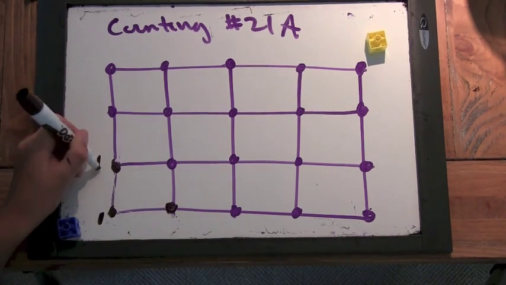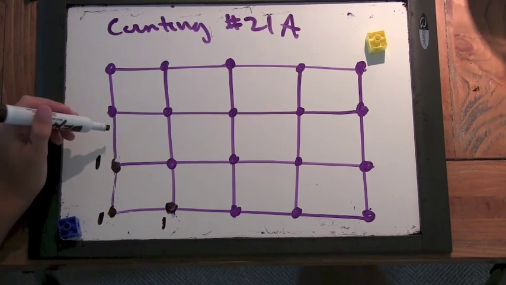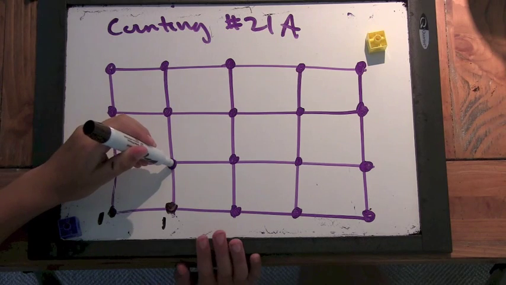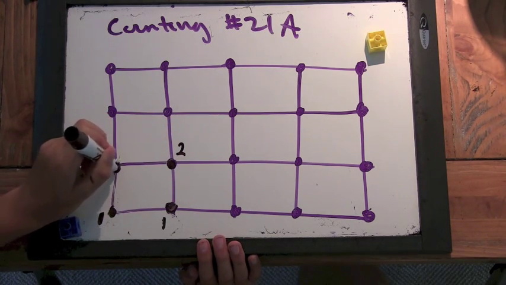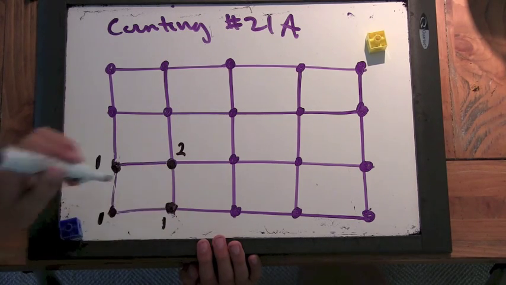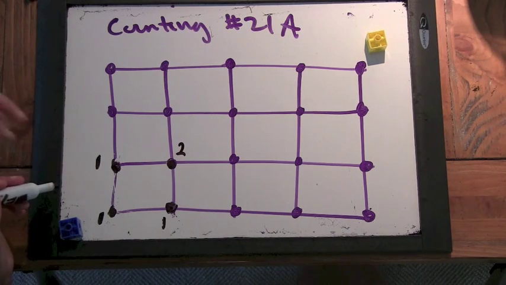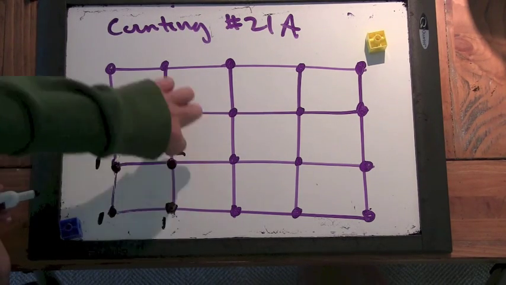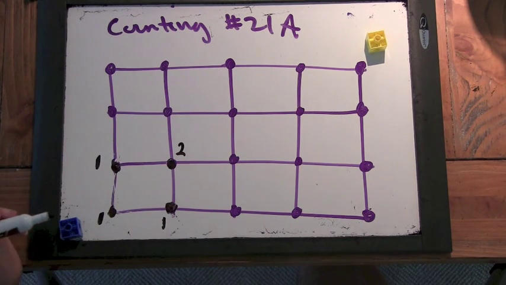There's one way to get to each of them, just moving up and to the right. And then at this point, this finishes off the grid. There's 2 ways, because you have to come from this point or this point, and there's 1 on each. So there's 2 ways to get to here. And that's the 1 by 1 grid.